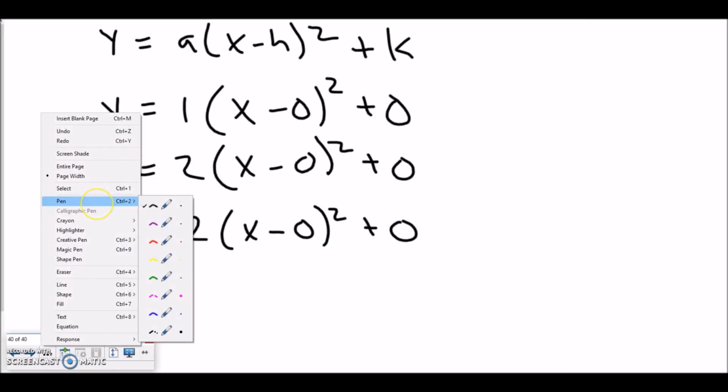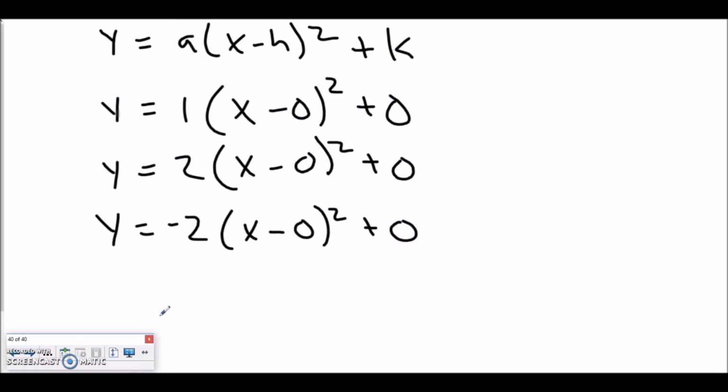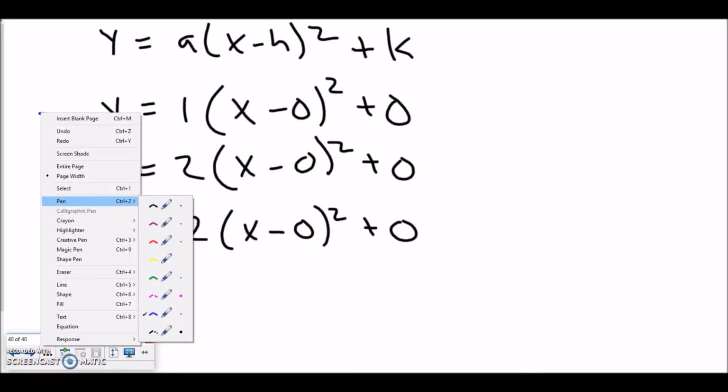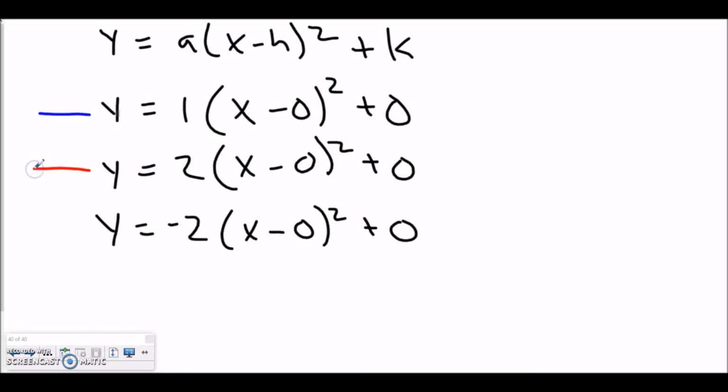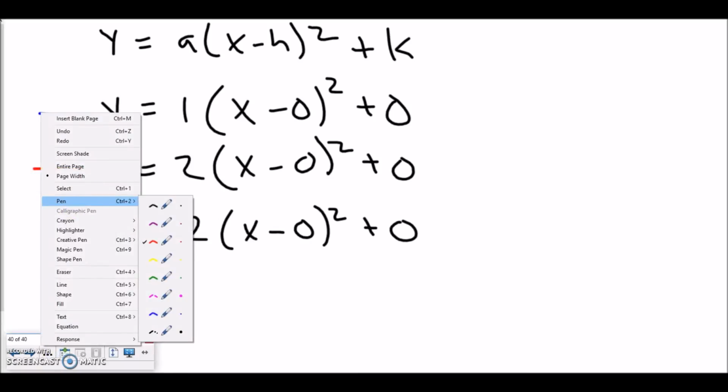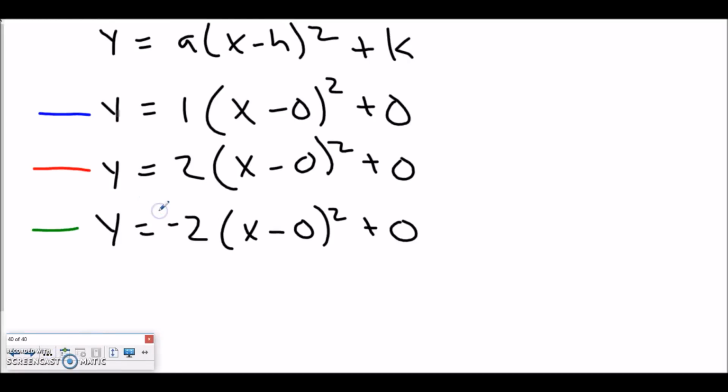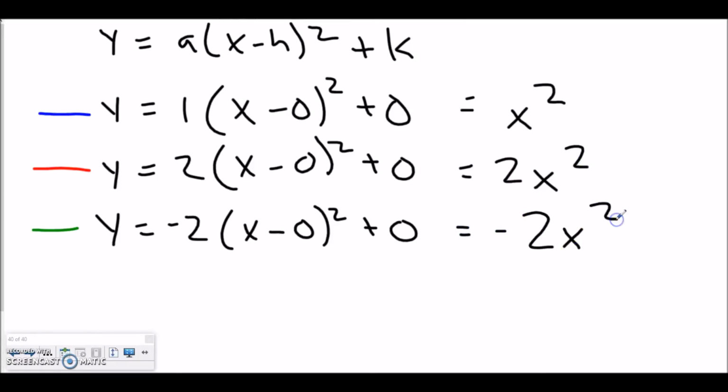I'm going to color these equations: this one blue, this one red, and this one green. And what we notice is we can simplify these drastically. This top equation is just x squared. This middle equation is 2x squared. And the bottom equation is negative 2x squared once we simplify all those zeros.